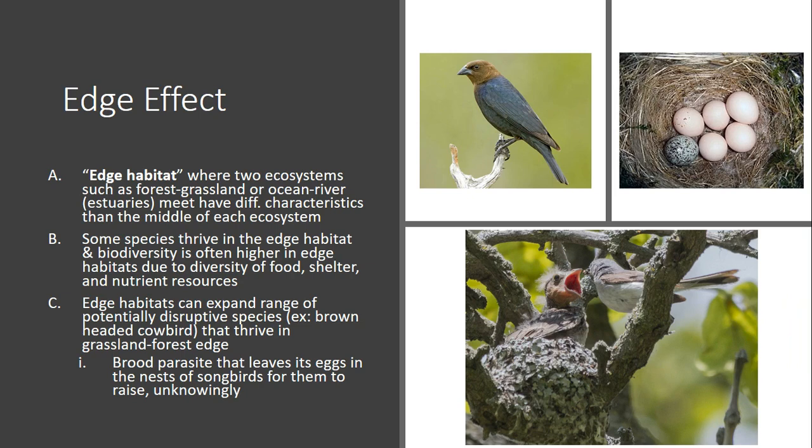Now, an interesting phenomenon that tends to take place, especially when we talk about biodiversity and climate change, are actually species found within the edge of habitats. So, this is where two ecosystems tend to intertwine with one another.